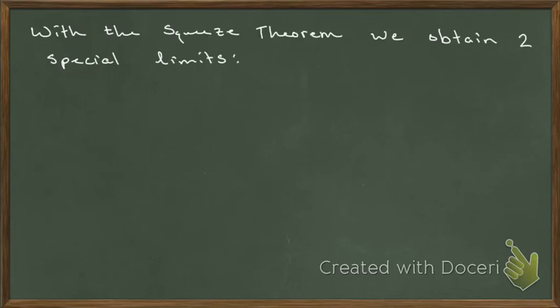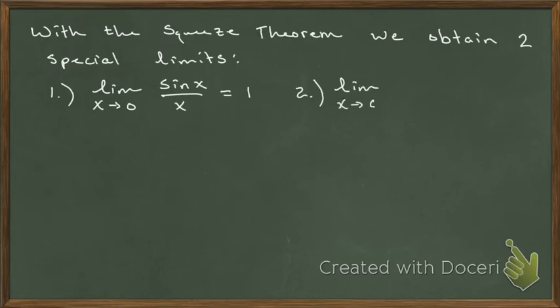You can explore that on your own. The first is that the limit as x goes to 0 of sine of x all over x is 1. And the second is that the limit as x goes to 0 of 1 minus cosine of x over x is 0.